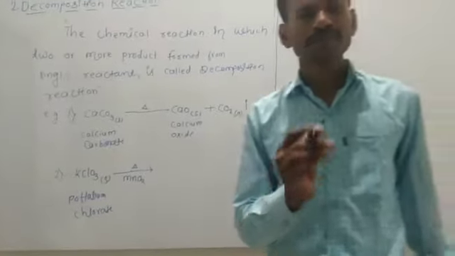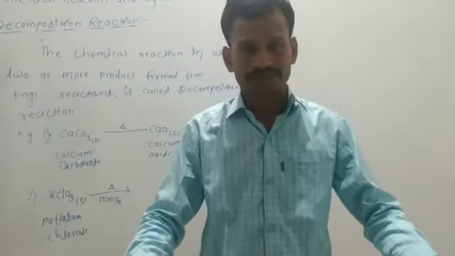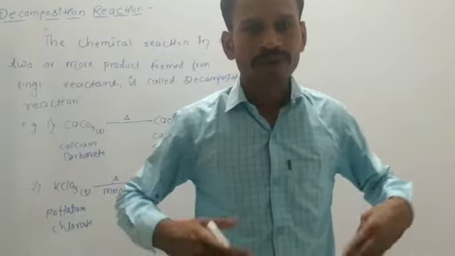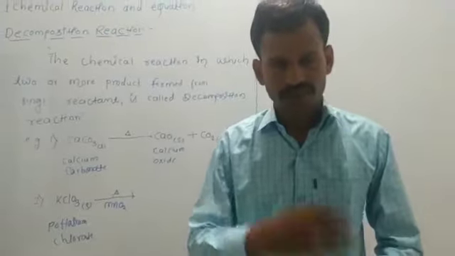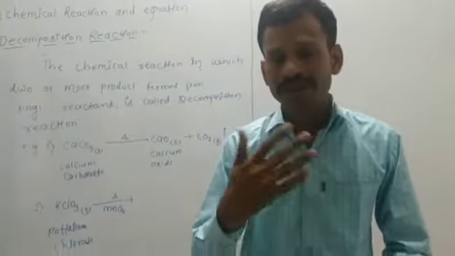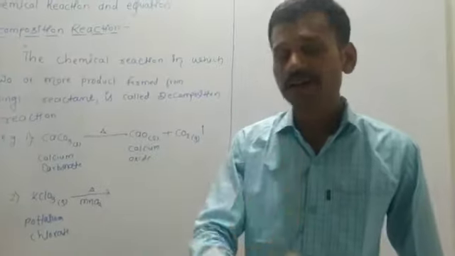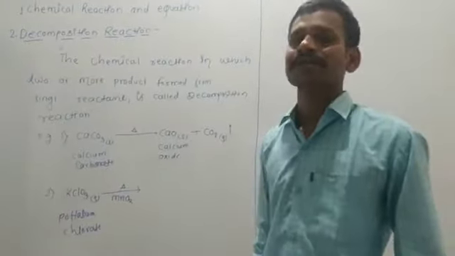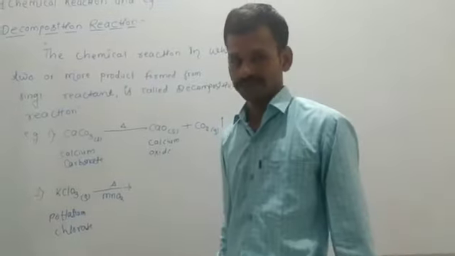We know that a catalyst is a substance which enhances the rate of reaction without taking part in the chemical reaction, like a teacher, who only enhances the rate of the student, but the student has to study. So a catalyst is a substance that enhances the rate of chemical reaction. That manganese dioxide is used as a catalyst. From this, when heated, it forms potassium chloride.